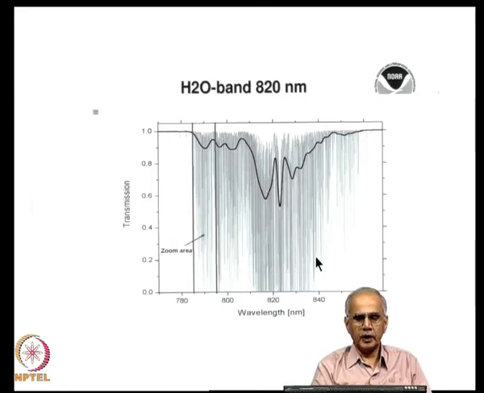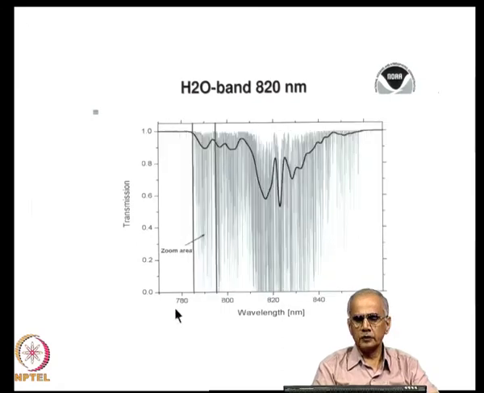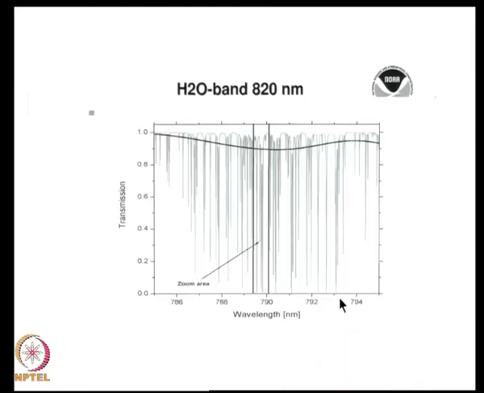And to make this point clear, let me show a few more pictures of the same spectra. Here the same thing, I want you to look at it. This went from 780 to 860, about 80 nanometers. Now, I take a close up and look at only 16 nanometers. You are beginning to see the lines, and in between, at some frequencies, there is no absorption, absorption 0, transmission is 1.